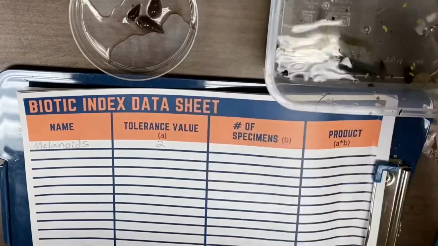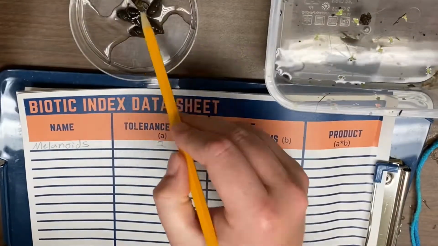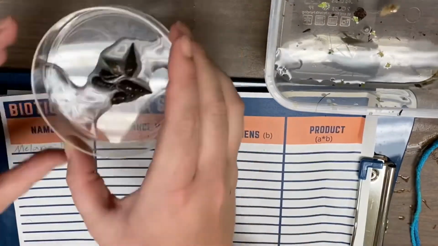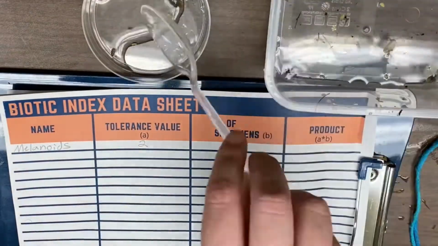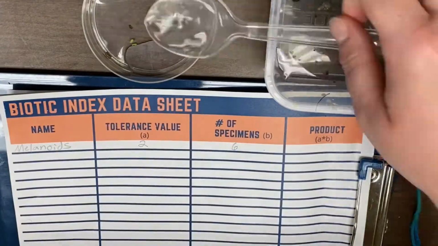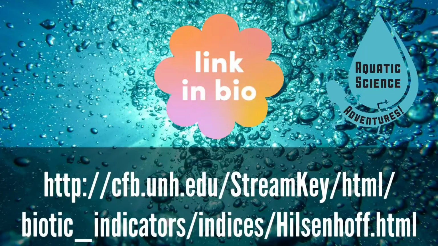The third column is the number of specimen you captured of that specific species. And the fourth column is your product. Product is the tolerance level times the number of specimen. If you would like to skip ahead, feel free to click the link below to better understand how to calculate your bio index value.